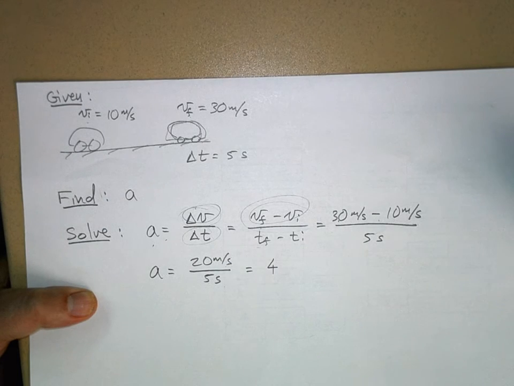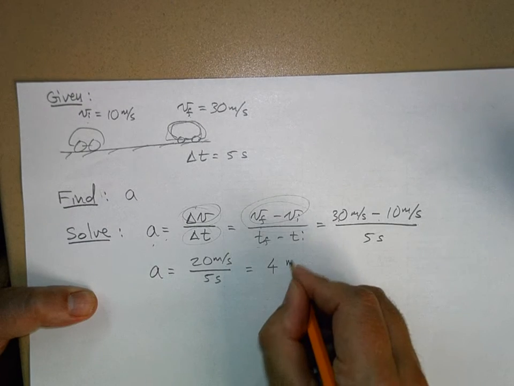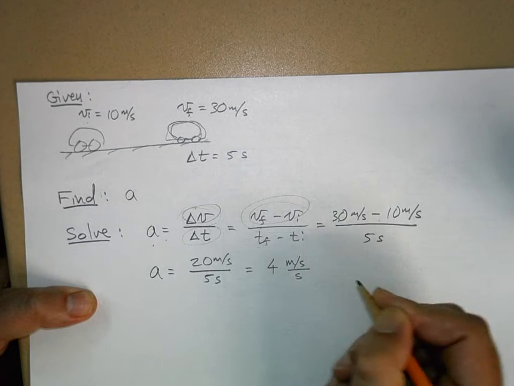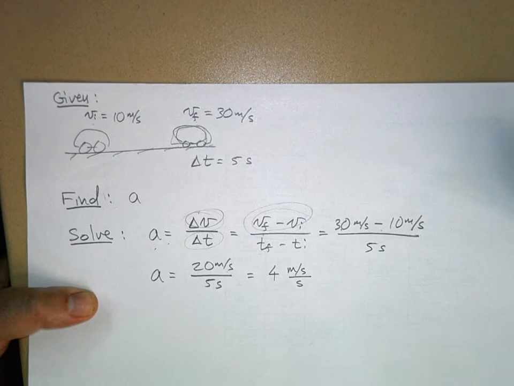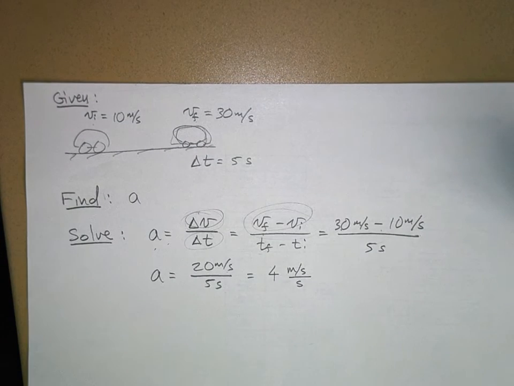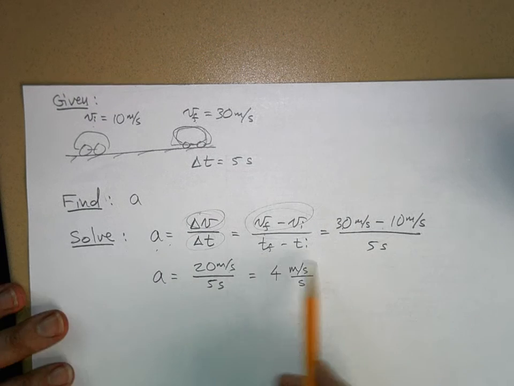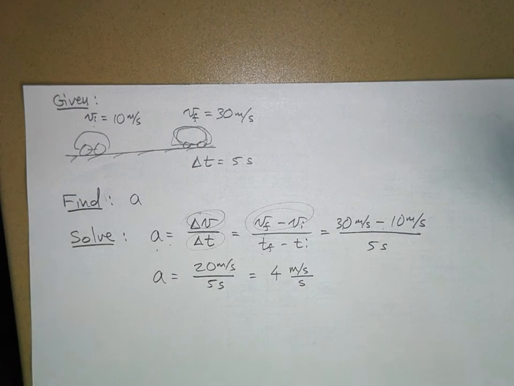So we're increasing 4 meters per second every second. See how I wrote those units? It's perfectly okay to leave the units like that, because that's what the units of acceleration are. It's how much I changed my velocity per unit time. How many meters per second I increased every second. Does that make sense?